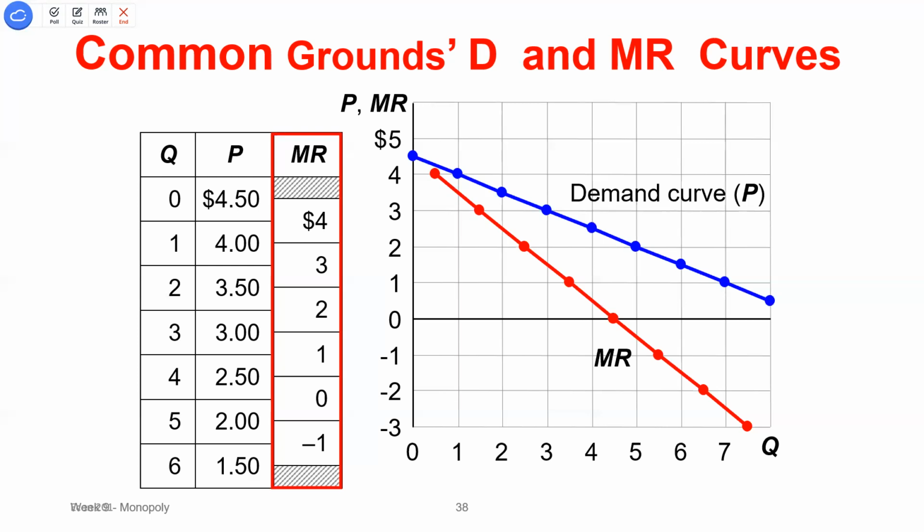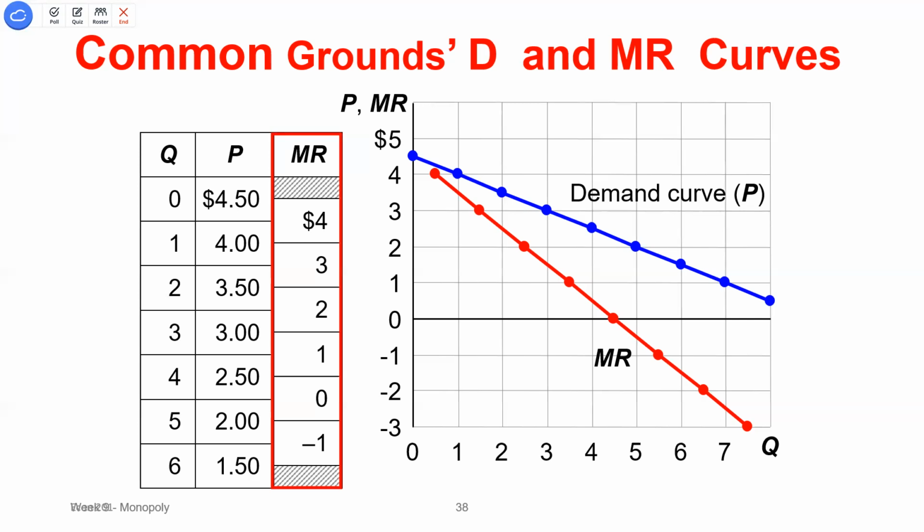Any questions about anything I did mathematically up here? Two ways of thinking. I'll start trying to relate this to something else that we talked about. So why is marginal revenue decreasing?